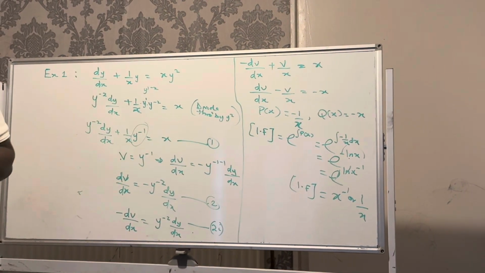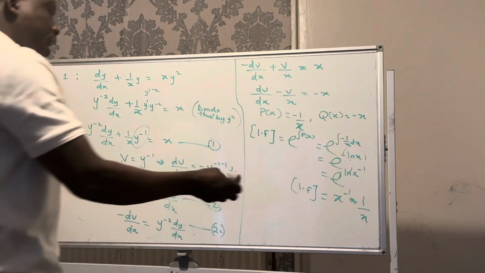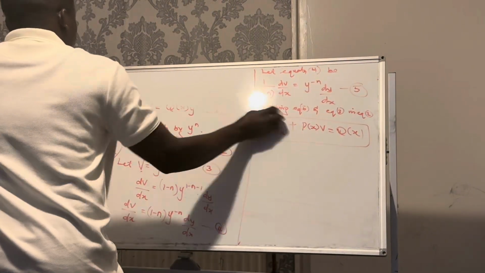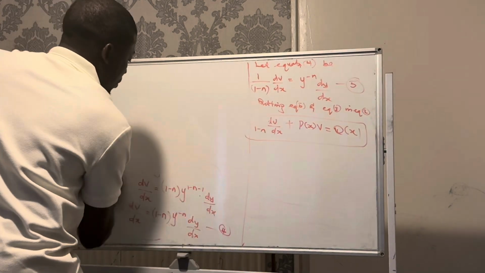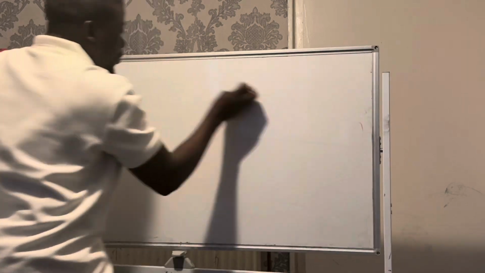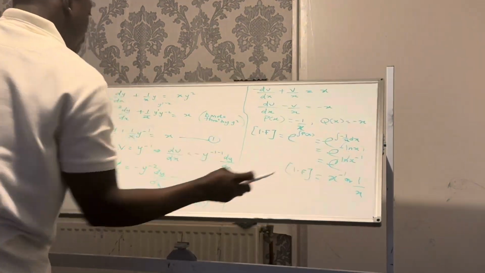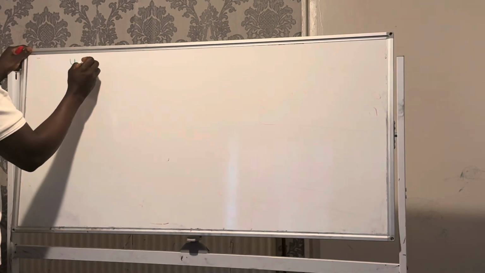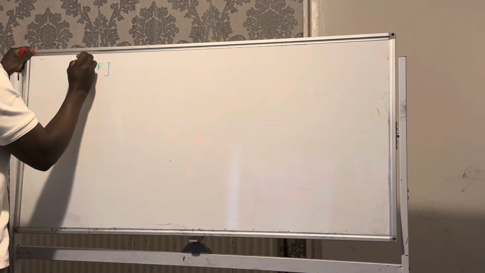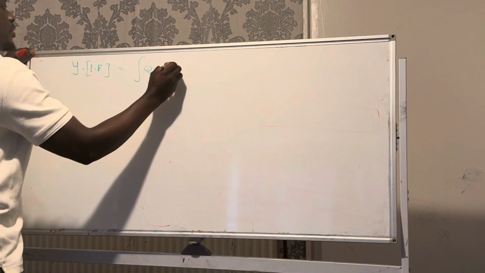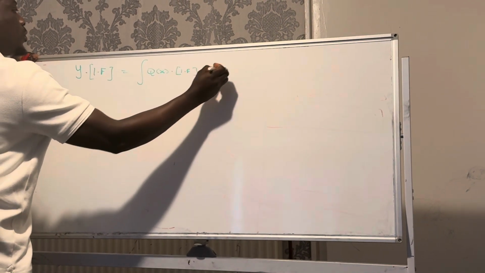Now, if our integrating factor is 1 over s, then we can easily write our equation. We continue by writing it in this form: y times integrating factor equal to the integral of q of x times integrating factor, all plus c.